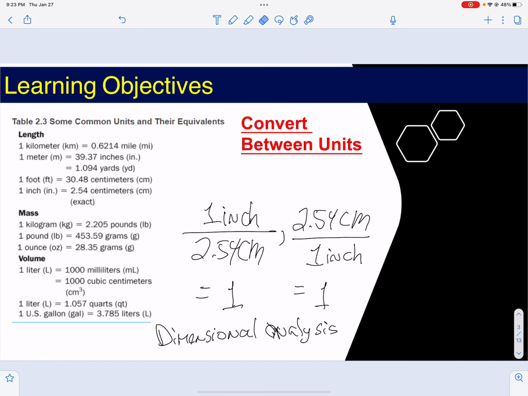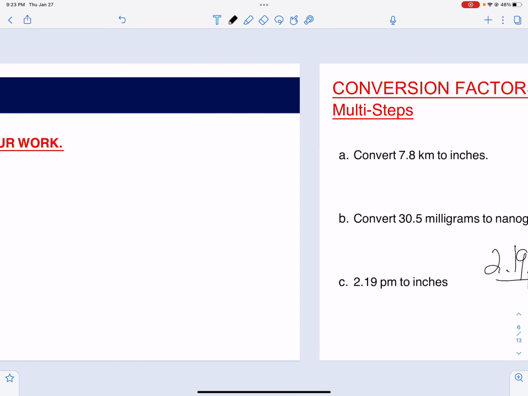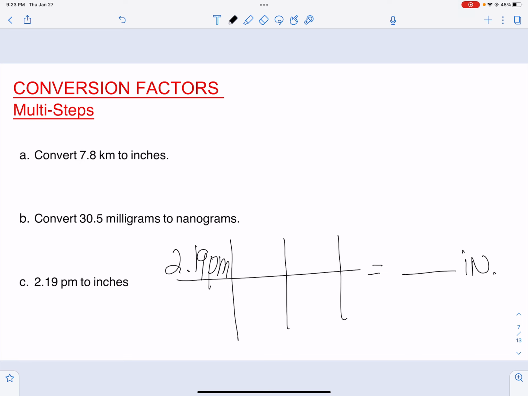This table does not contain prefixes. So what connects the two? 1 meter equals 39.37 inches, right? So if I go from picometers to meters, then I can go to inches, because the table tells me that 1 meter equals 39.37 inches, right? So those two connect.